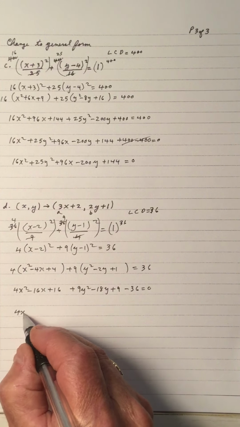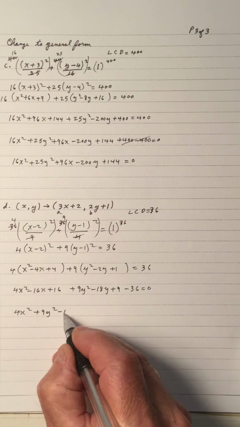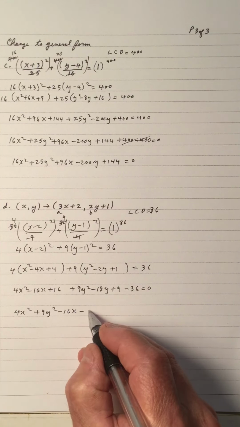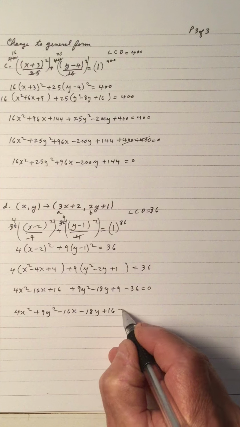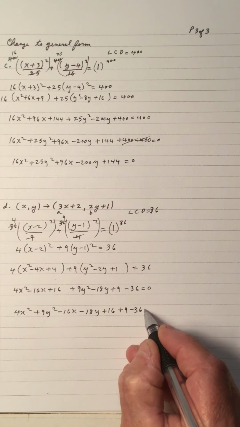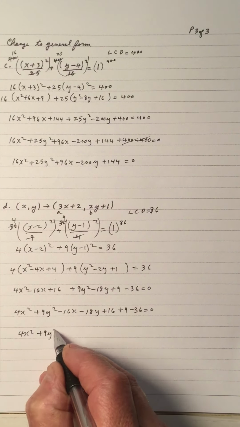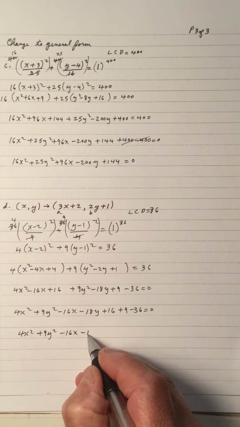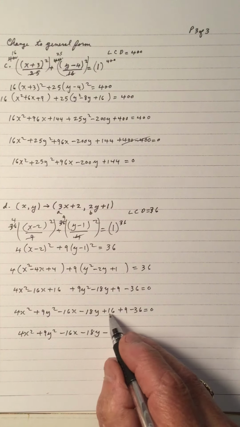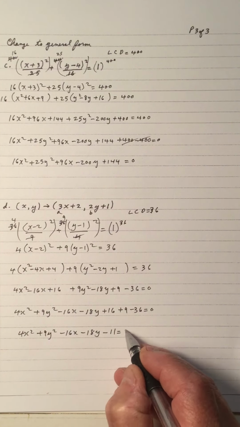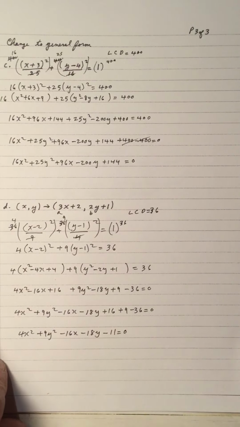So 4x squared, x squared first, then the y squared, then the x, and then the y, plus 16, plus 9, minus 36. So I put them in the order. So I have 4x squared plus 9y squared minus 16x minus 18y. And 16 plus 9 is 25, and negative 36 plus 25 is negative 11. So there's the general form.